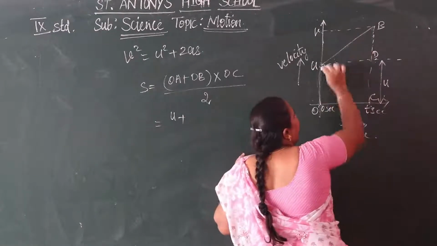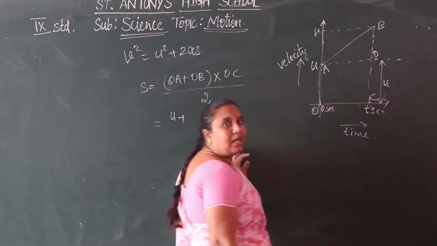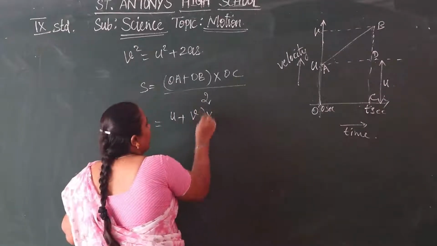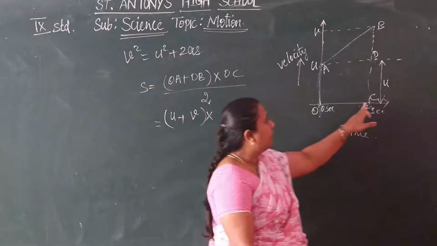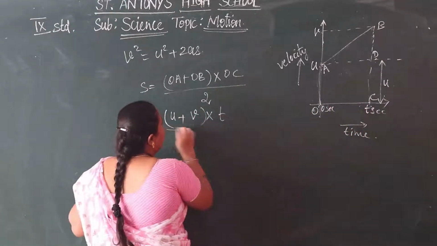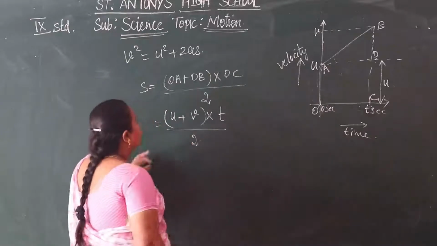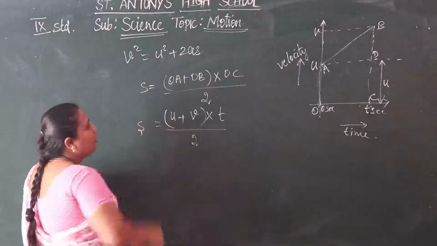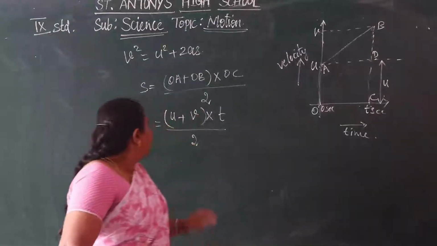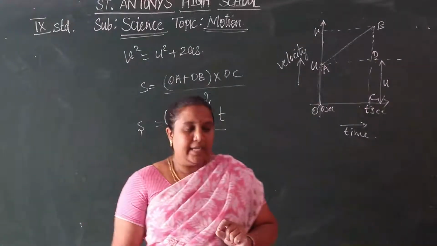Now here we have OB as v into OC. What is OC? OC as t. So here s equals u plus v into t by 2.